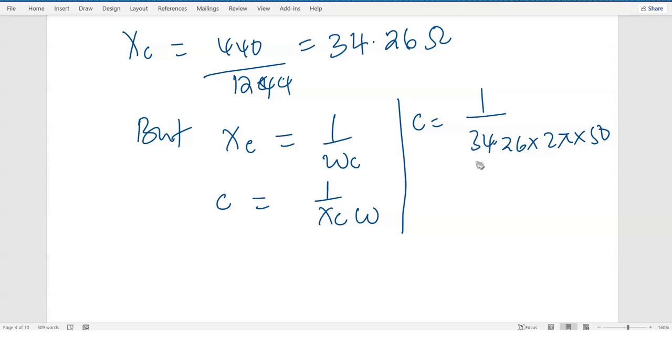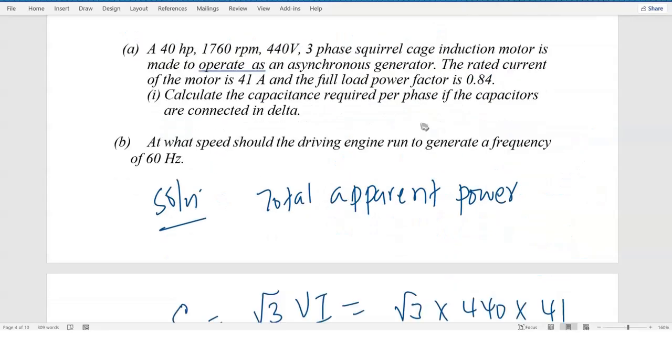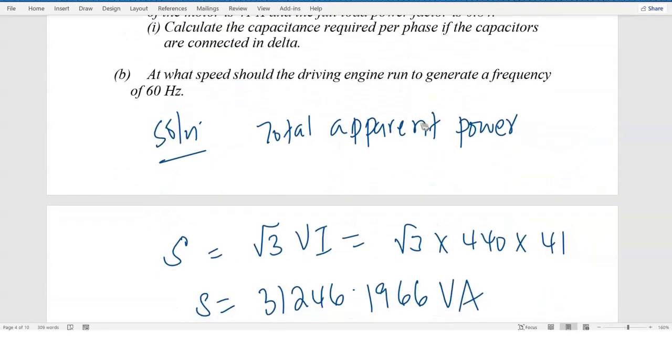Dividing 1 by this value, I'm getting C equal to 92.92 times 10 to the power negative 6 farads. So the capacitance of the capacitor required per phase will be 92.92 microfarads.